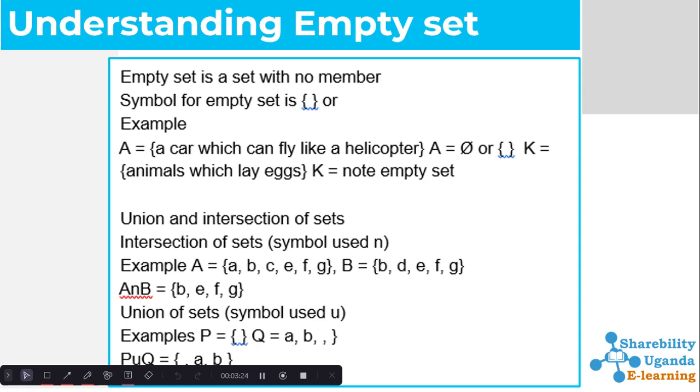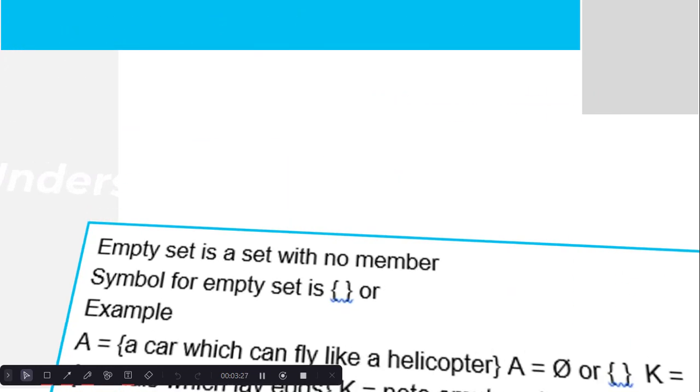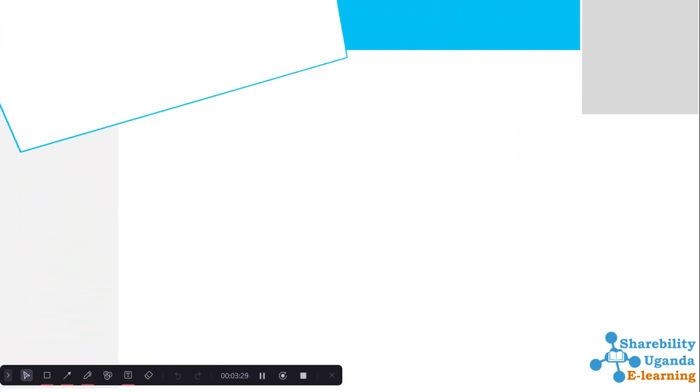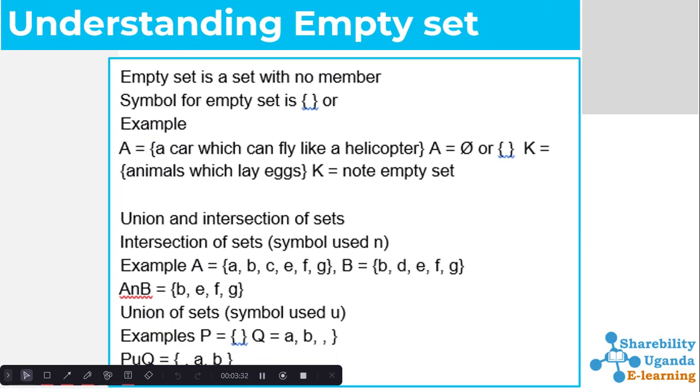For example, in our set A there is a car which can fly like a helicopter. That is a live example.